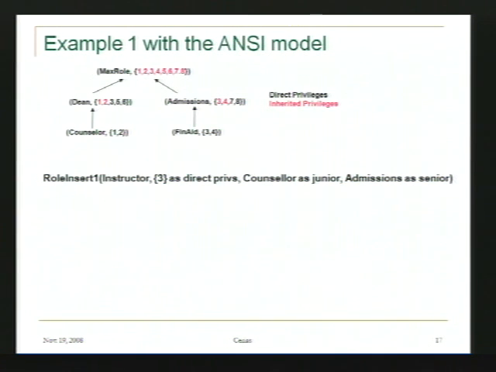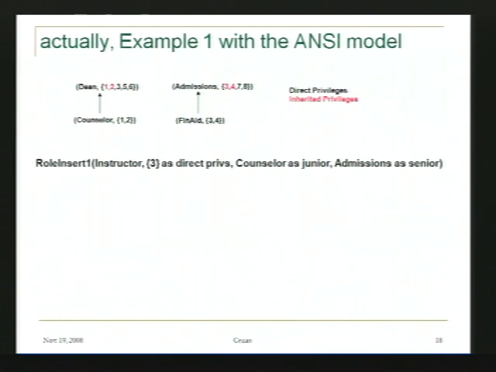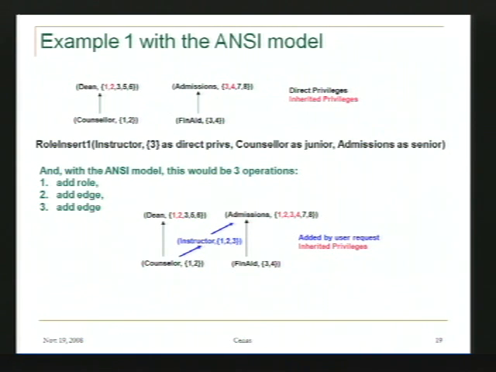Okay, so with the ANSI model then, going back to the first example, the ANSI model actually wouldn't have a max role, so it would look like that. And the operations are given by the standard. You actually have to do 3 operations here. First you add the role, and then you add the 2 edges one at a time.